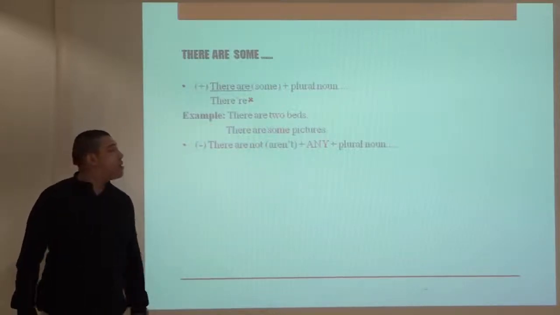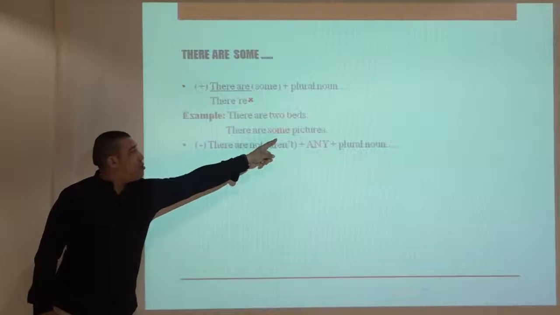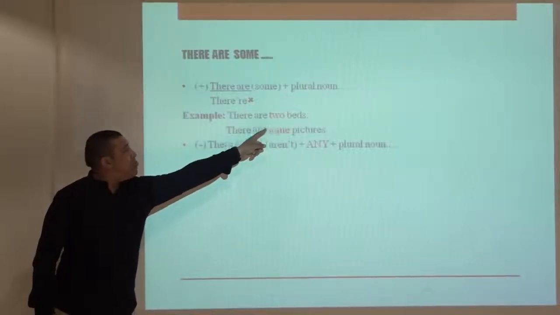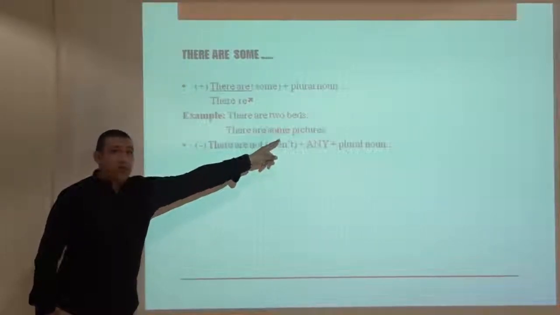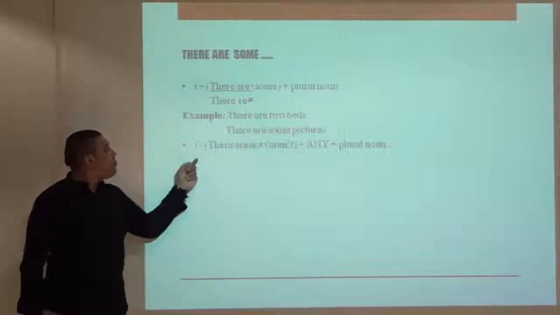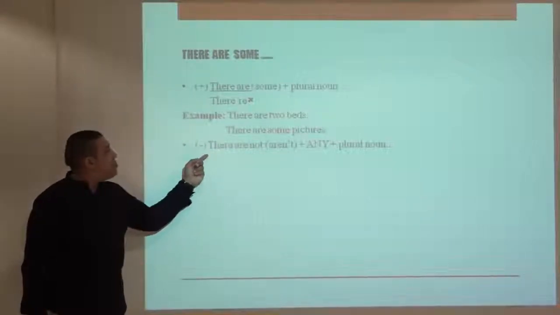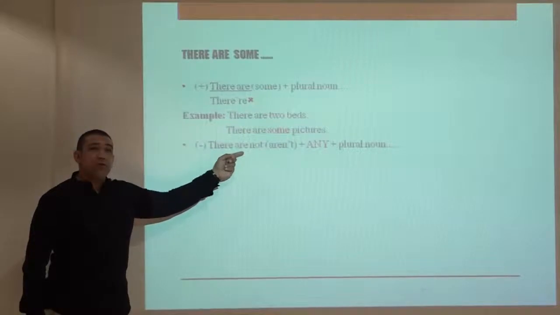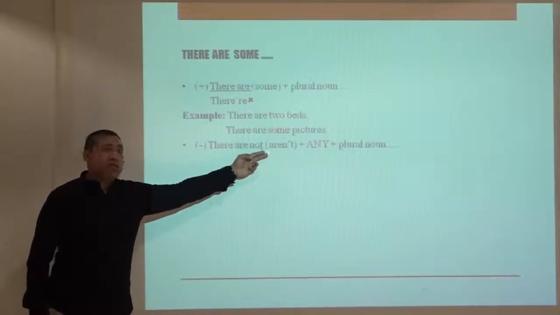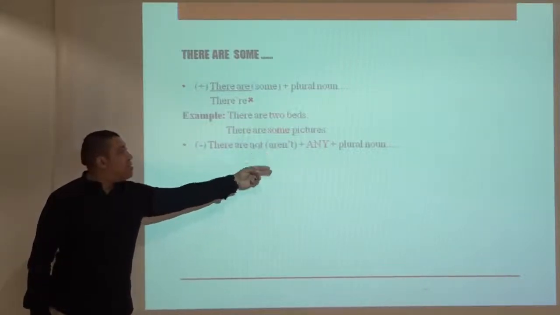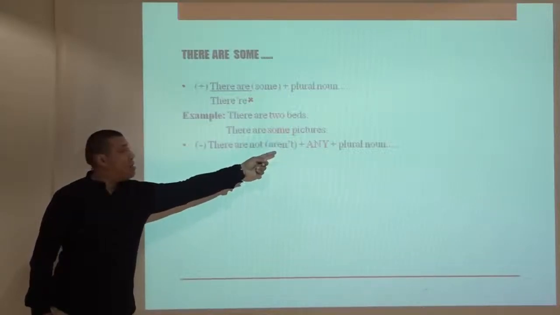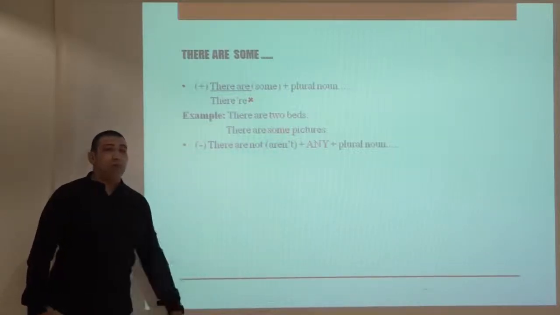And notice that we always use the plural form in the object: beds, pictures, with s. In the negative form, we say there are not, or the contraction, short form, aren't, plus any this time, and a plural noun.